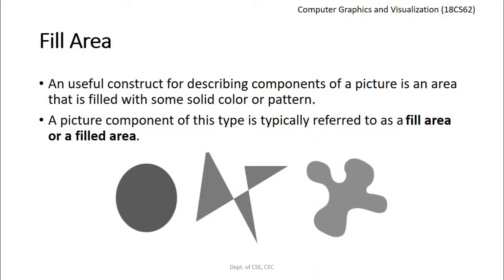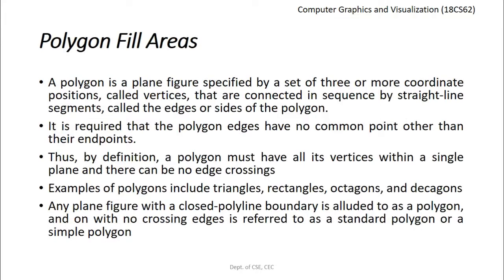Now, let us see what we mean by polygon fill areas. A polygon is a plane figure specified by a set of 3 or more coordinate positions called the vertices that are connected in sequence by straight line segments called the edges or the sides of a polygon. When we talk about a polygon, there are two things we need to consider: the vertices and the edges.